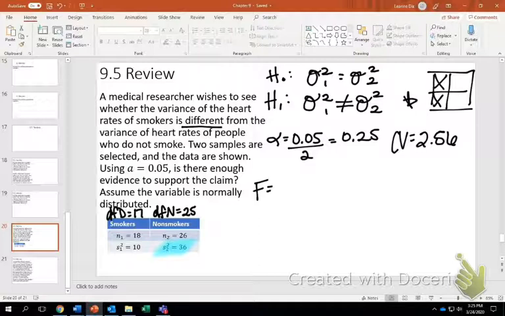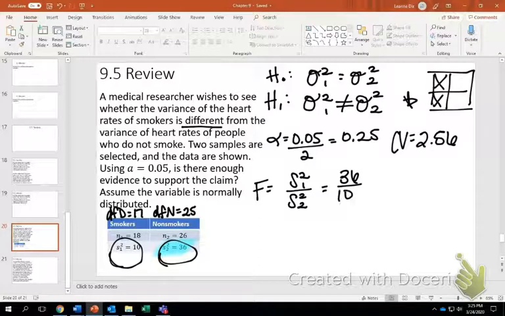Now that I'm done finding my critical value, I'm going to find my test value. Remember we're using the formula, the variance sub 1 divided by the variance sub 2. I have all the pieces of information from my table, so I'm just going to plug in my numbers, 36 over 10, which is going to give me an answer of 3.6. And if I were to draw my picture, it's not quite like that.